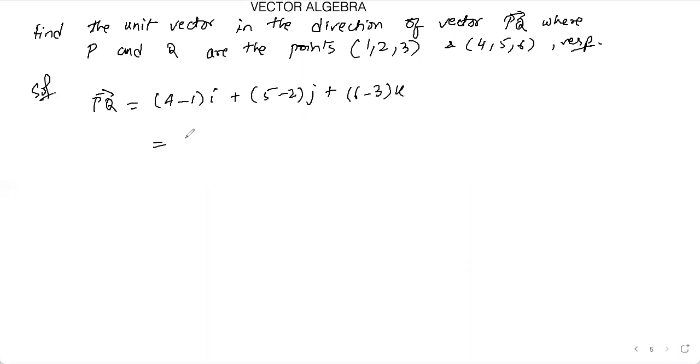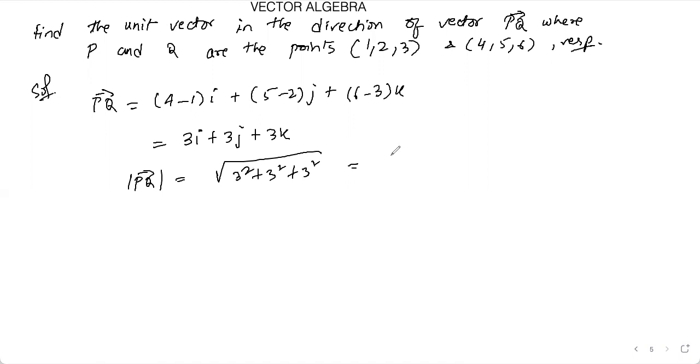So this will result to 3i plus 3j plus 3k. The magnitude of PQ would be square root of 3 square plus 3 square plus 3 square, or we can write as 3 root 3.